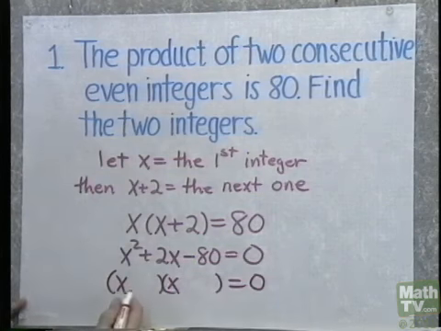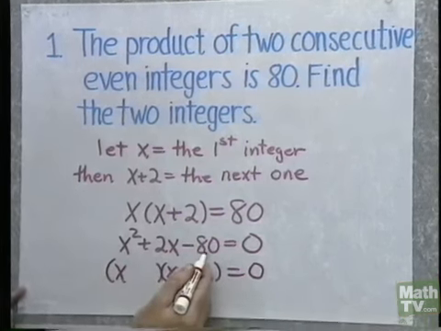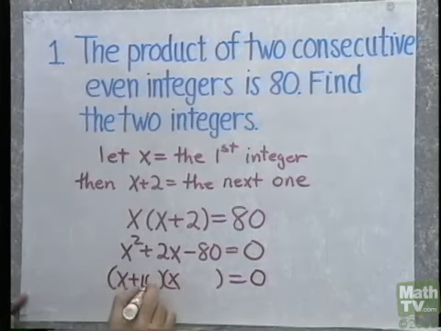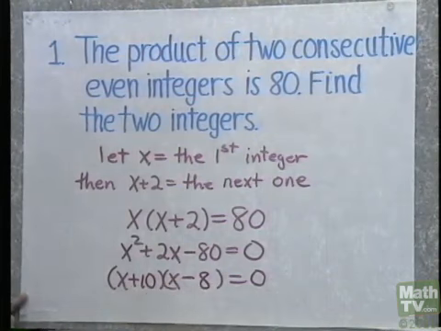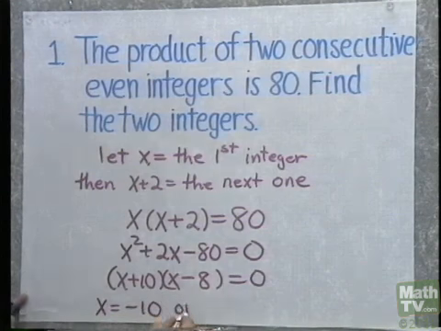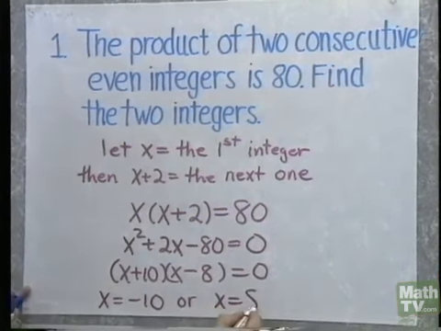So I have x and x for the first two terms. I want to multiply and get negative 80 and add and get 2. So how about positive 10 and negative 8? Positive 10x minus 8x gives me positive 2x, and positive 10 times negative 8 is negative 80. So x is equal to negative 10, or x is equal to 8.